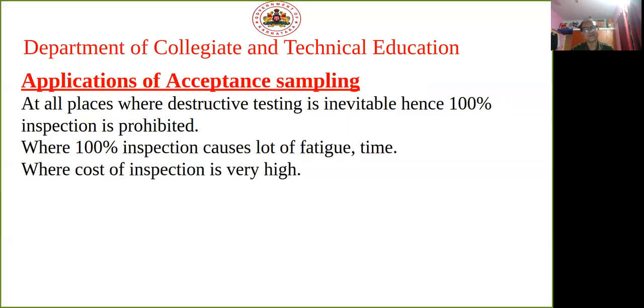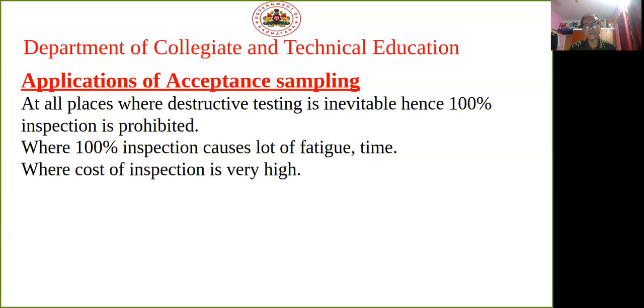So the first application of the acceptance sampling is where destructive testing takes place. We are going to apply a method that is called acceptance sampling.